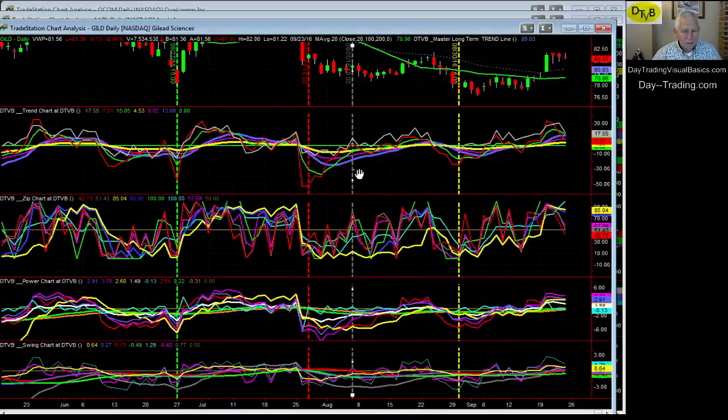The answer is look in the zip chart. Right there. Red peak. Red peak. Red peak. Red peak. There are 4 red peaks in about 8 days. That's what keeps it, you can say it's a battle between the bears and the bulls.